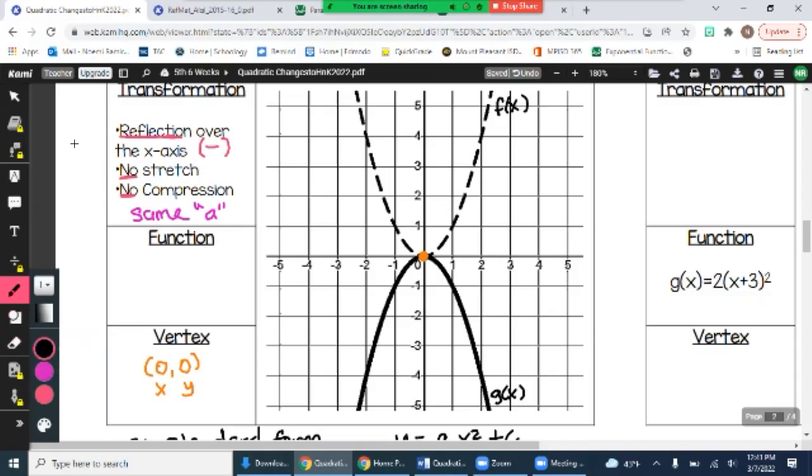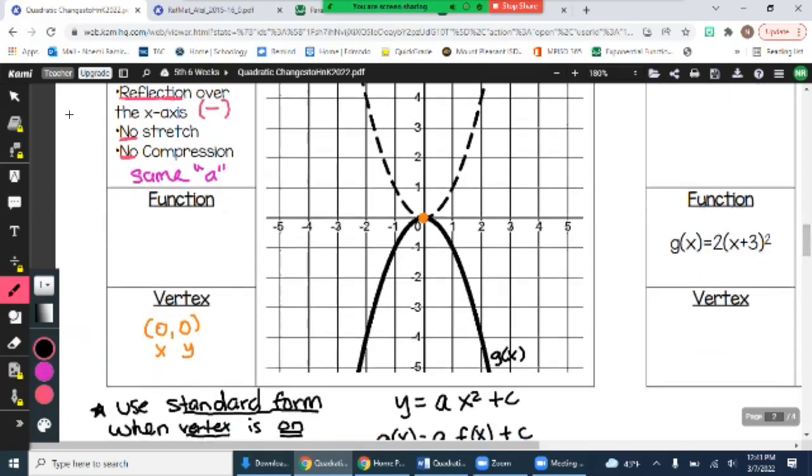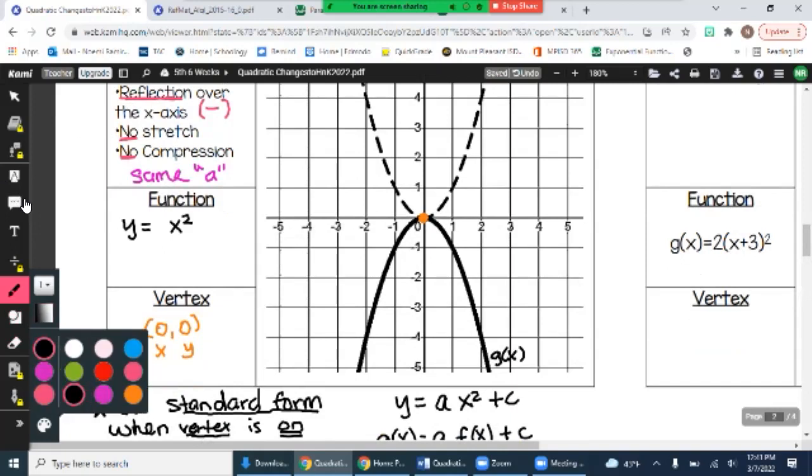So let's write it in y equals form and also in f of x form. So y equals x squared. Is there anything that we have to put in front of x squared? Just the negative. The negative in front of the x squared is responsible for the reflection. A stayed the same, so the 1 would remain the same.